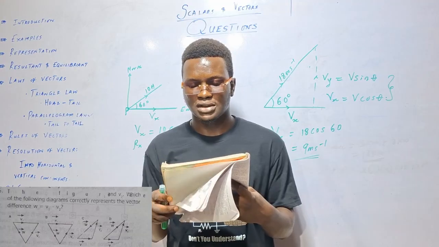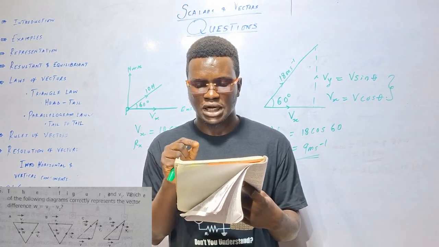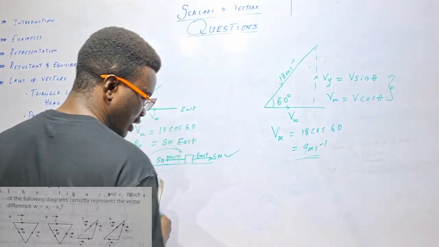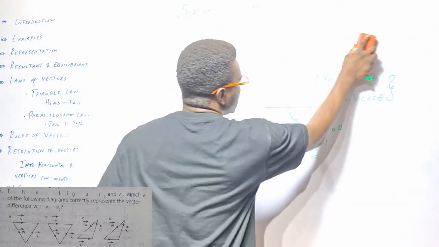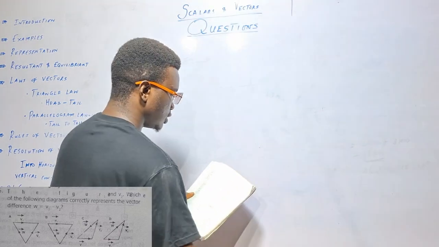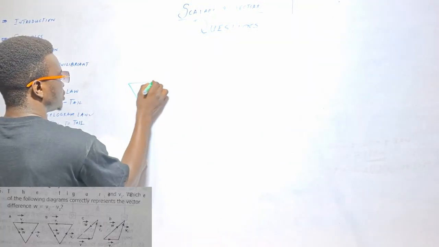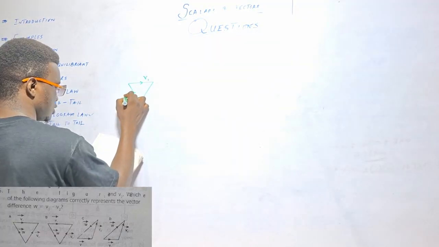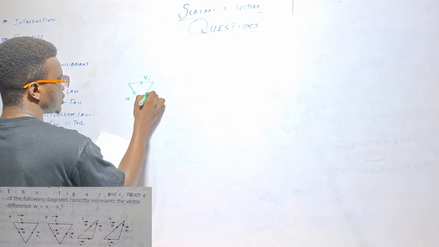So let's look at it. Let's look at A. For option A, V1 and W are moving in the same direction. So let's analyze them one after the other. Option A, I have this triangle. So this is V1, this is W, and this is V2.